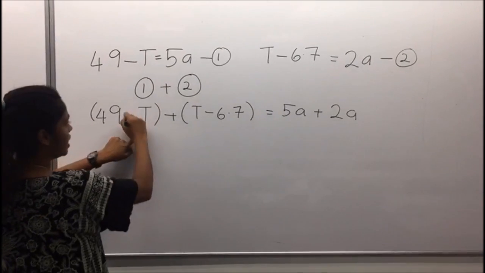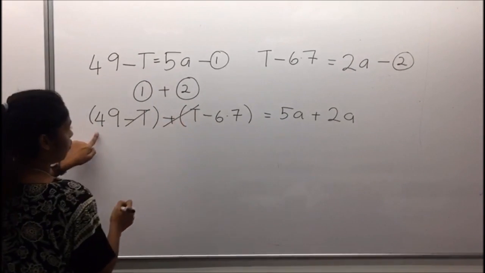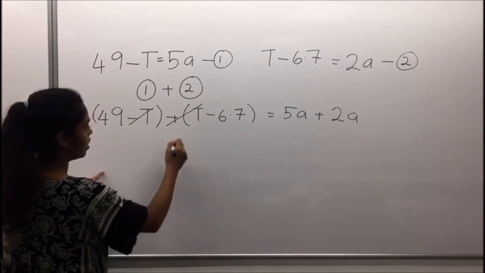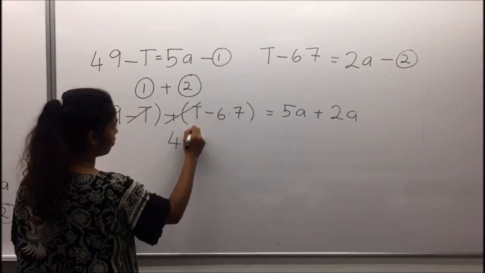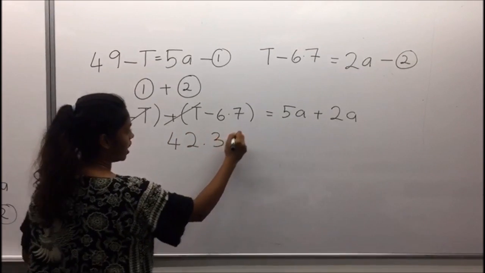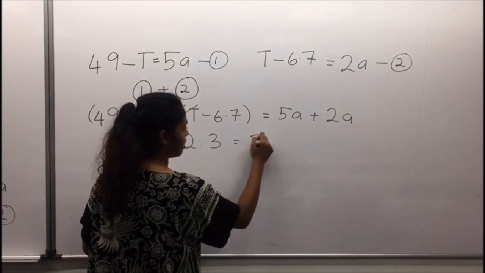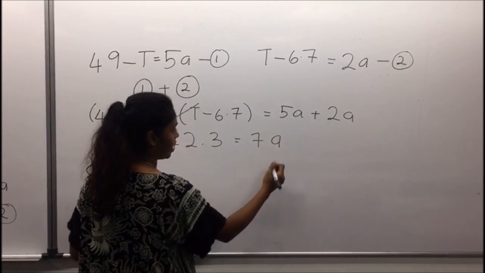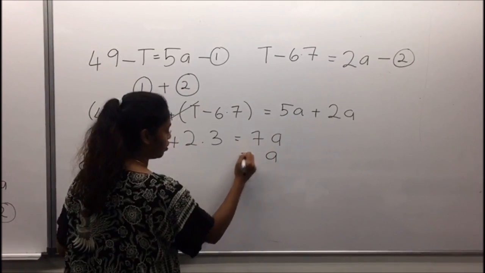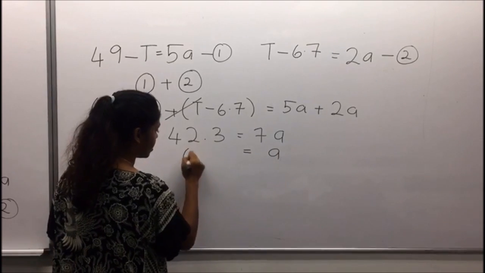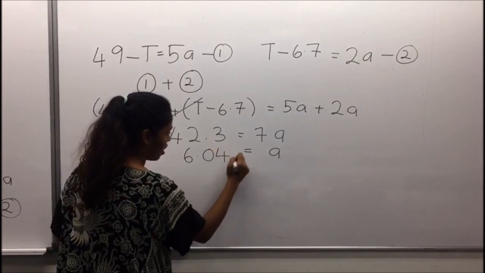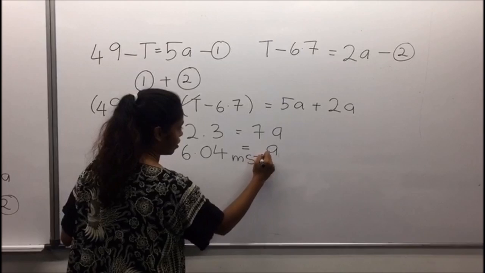Here the T gets eliminated. 49 minus 6.7, you will get 42.3 equals 7a. A will be equal to 6.04 meters per second squared.